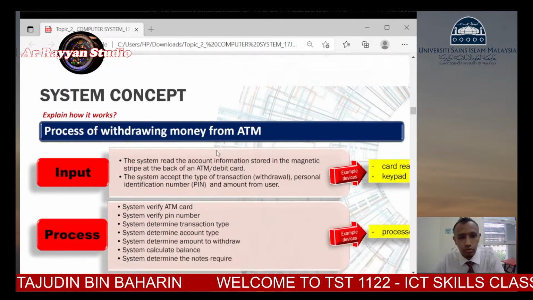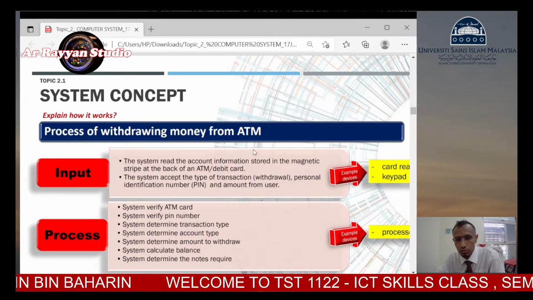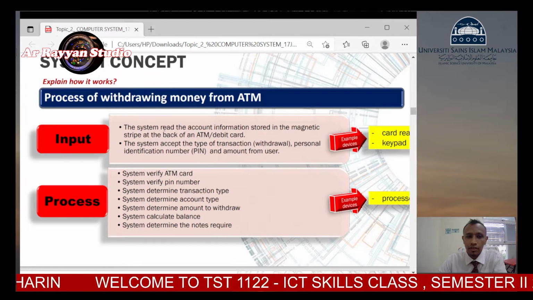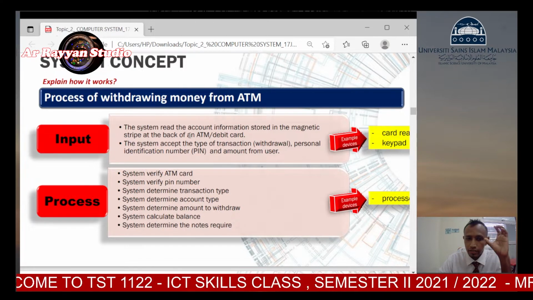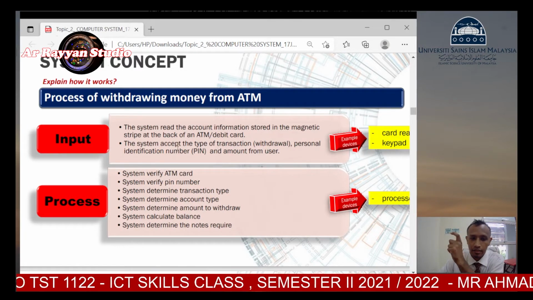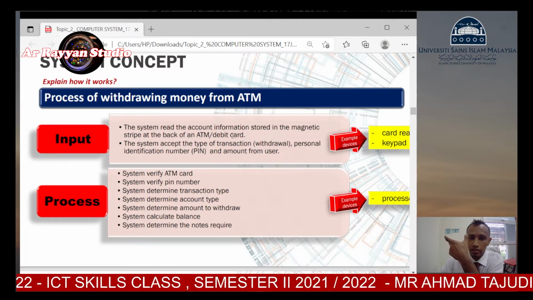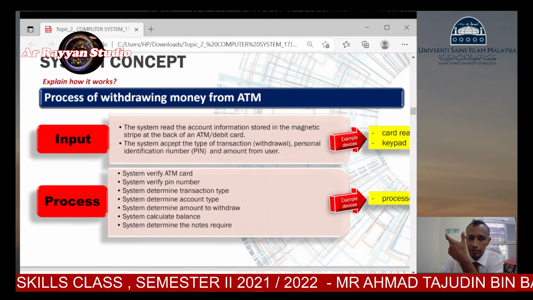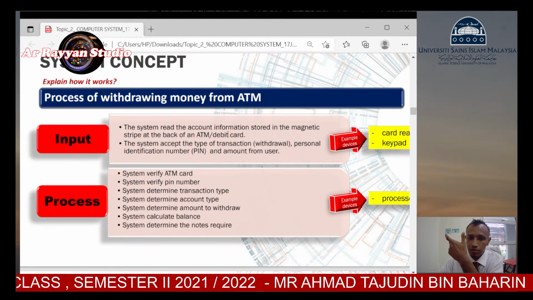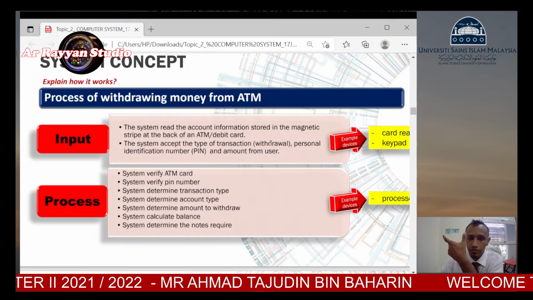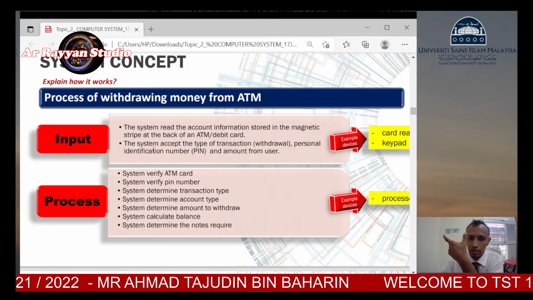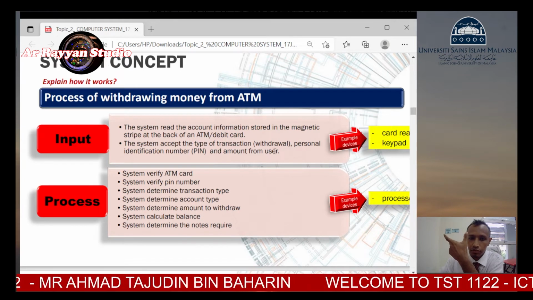So you can see that the process of withdrawing money from ATM, inputs, alright, the system read the account information stored in magnetic stripe. Okay, that one the card that you have. Inside the card they have a magnetic stripe at the back of the ATM debit card, and then the system accepts the type of transaction, withdrawal, personal identification, PIN, and amount from user.